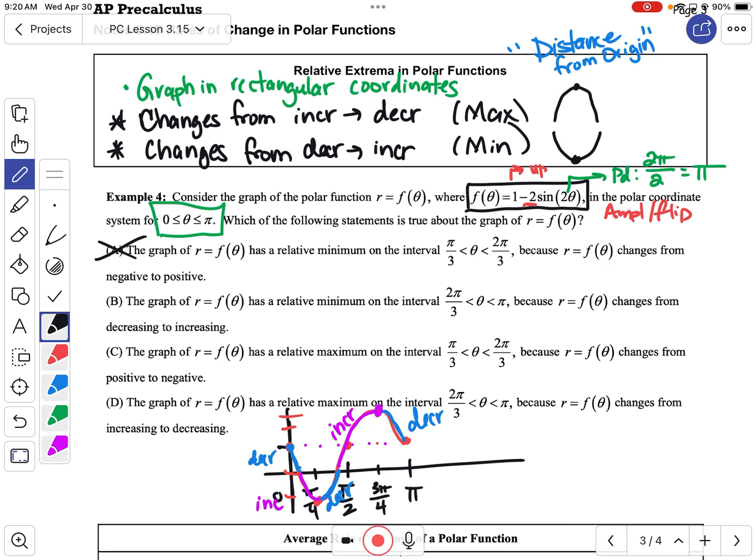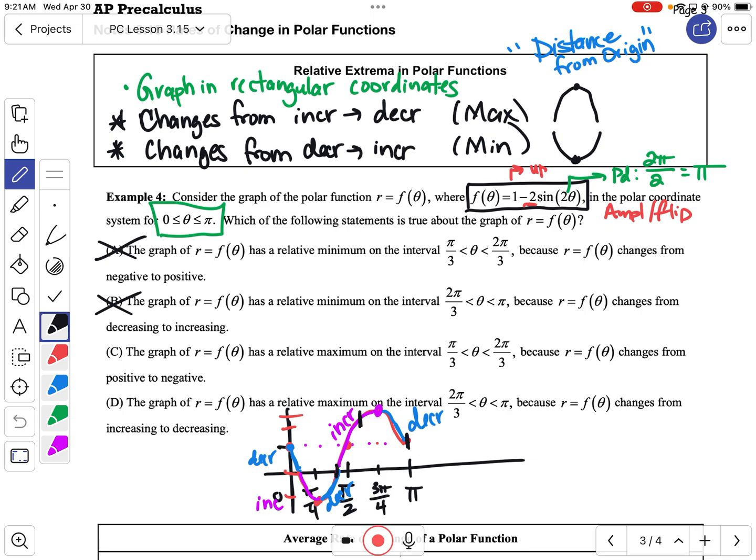Minimum between 2 pi over 3, which would be right here somewhere, and pi. I changed from increasing to decreasing, so would that be a minimum? No. Between pi over 3 and 2 pi over 3, I have a maximum.